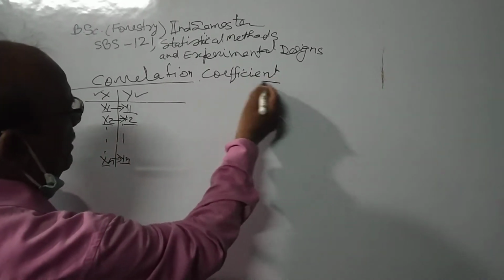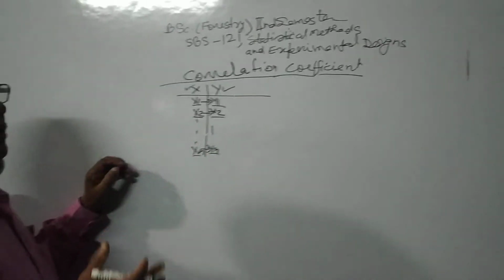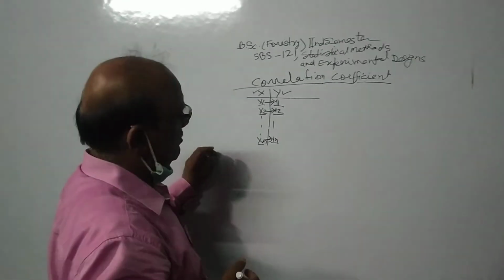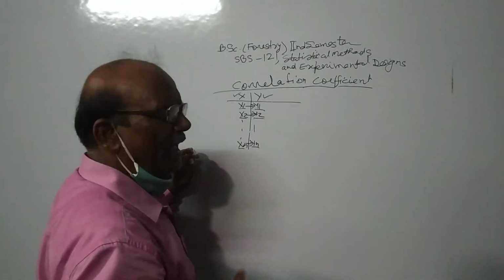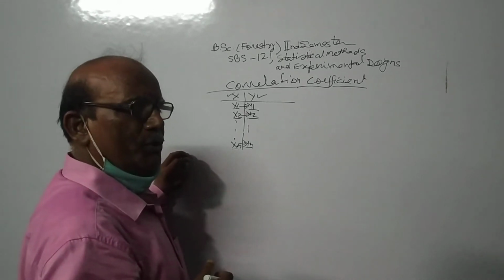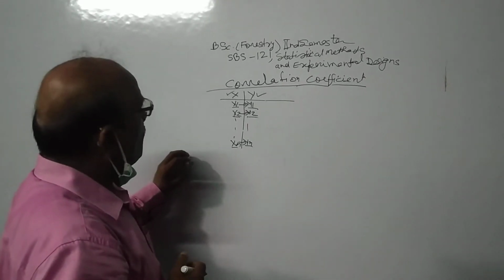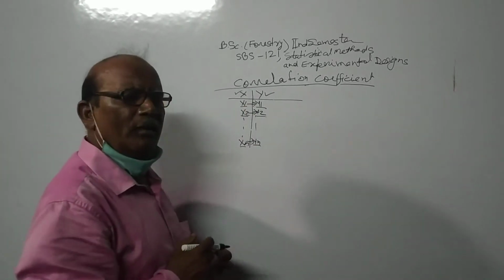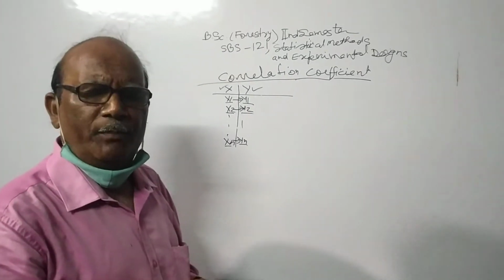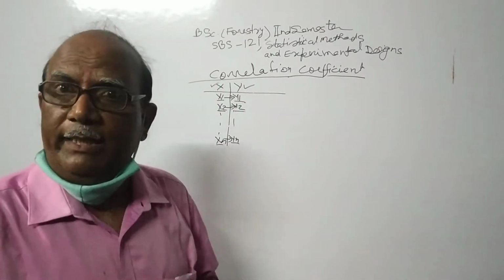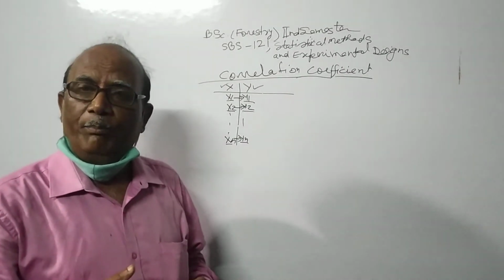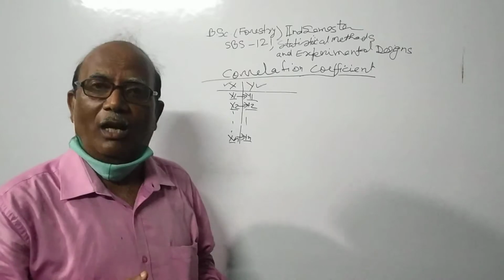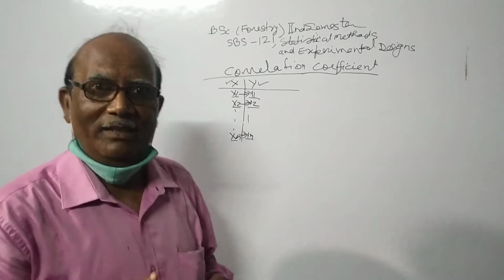The correlation coefficient is like a gradient, as you know from coordinate geometry, the gradient or angle, which is also called slope. The angle of the linear relationship between two variables is called the correlation coefficient.